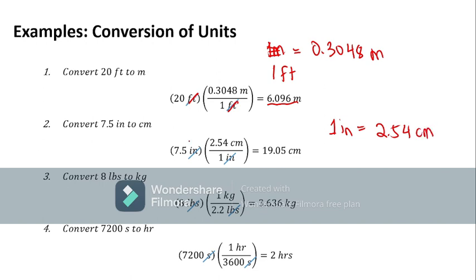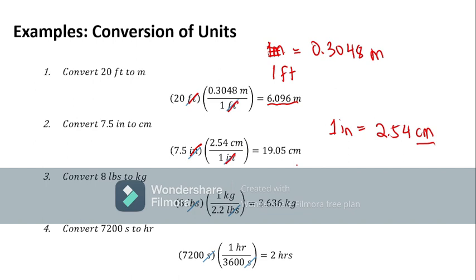Again, if the given is in terms of inch, the inch should be at the bottom. So the inch comes with the 1, which should be at the bottom, and automatically the counterpart, the centimeter, is on top. So the 2.54 is also located with the centimeter in the numerator. So inches cancel, and the remaining unit is centimeter. So we will have 19.05 centimeters.